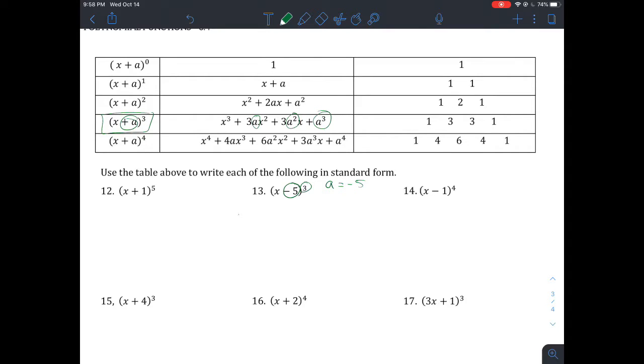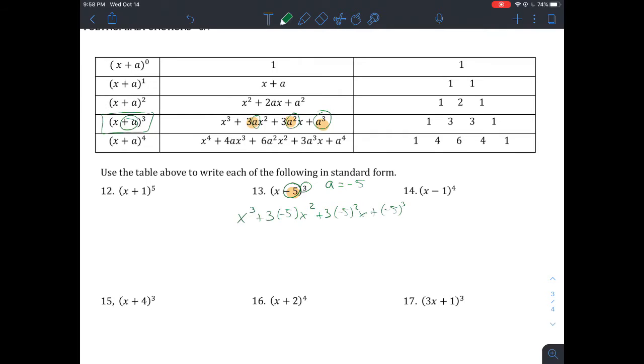All right. So we're going to start out with an x cubed and we get plus 3 times our a, which is negative 5, x squared, plus 3 times negative 5 squared x, plus negative 5 cubed. Okay, so notice all I did was take my a value, which in this case was negative 5, and stick it into all of the a's.